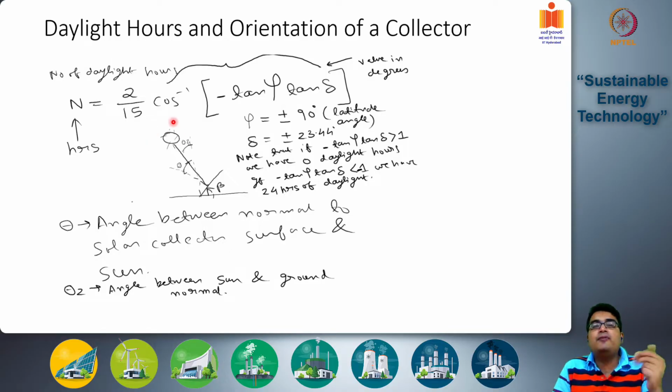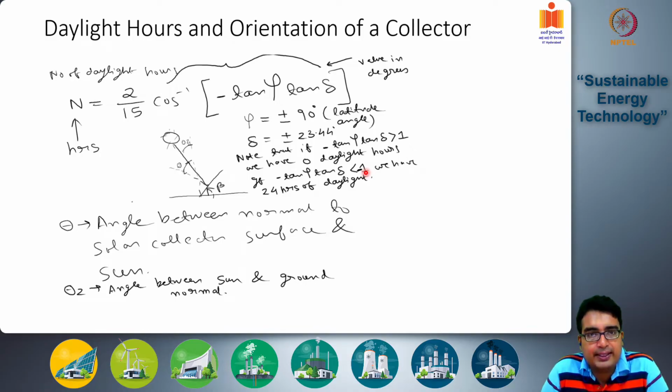So you are getting 24 hours of daylight. So in any condition where minus tan psi tan delta is less than or equal to minus 1, it means we have 24 hours of daylight, which is perpetual day, which happens beyond the Arctic Circle in the summer months. Anywhere in between, we have 0 to 24 hours of daylight in that location.